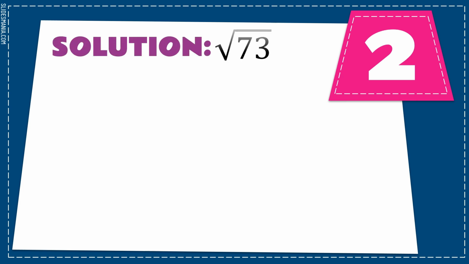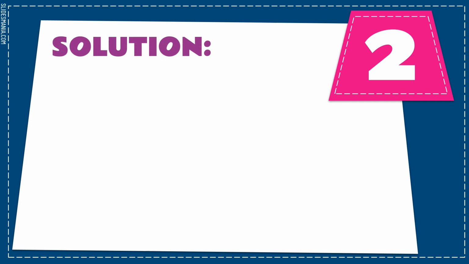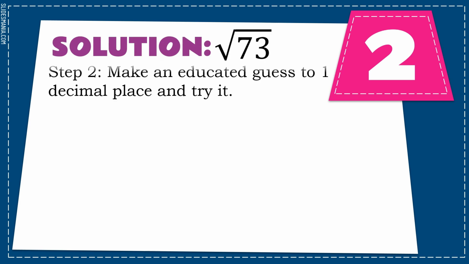After eliminating some of the numbers, which is closer to 73, 72.25 or 73.96? Let us see if your answer is correct. Subtracting 72.25 from 73, the result is 0.75.